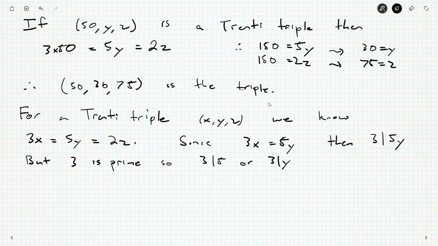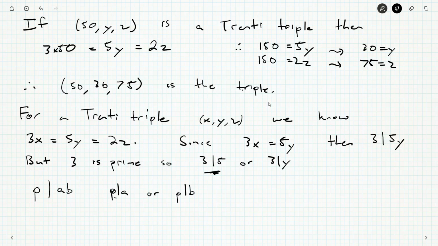So the nice thing about primes, for people who don't know, if I've got a prime p and it divides a product AB, then either p divides A or p divides B. One of these statements must be true. Now, it could be that both of them are true. In this case, it's not. 3 does not divide 5. But the point is, this is a nice property that is shared by primes.